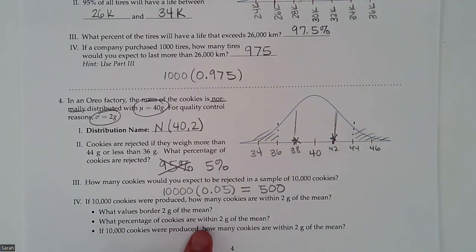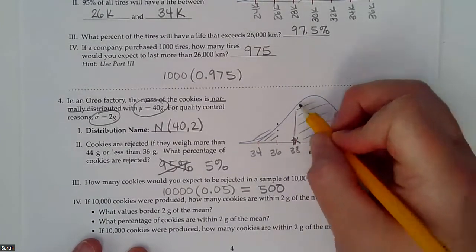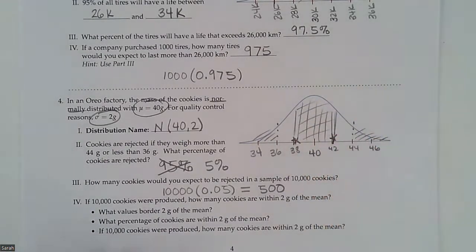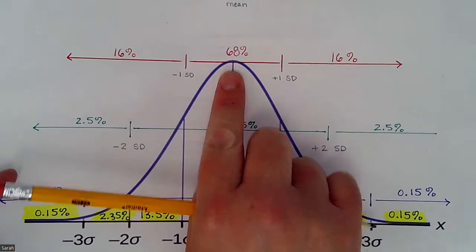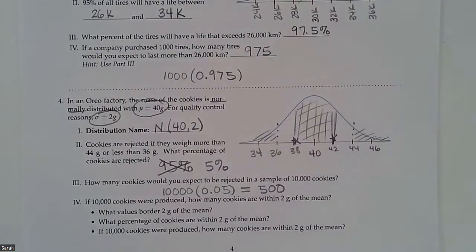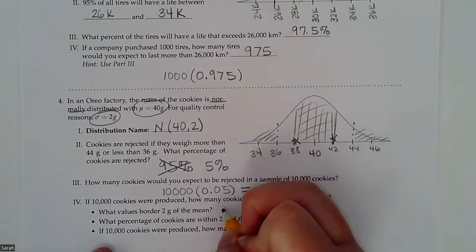What percentage of cookies are within those 2 grams of the mean? So within means they're close to the mean. So I'm looking at this part here in the center that I have this crosshatch shading on. So within 1 standard deviation of the mean, that's the 68%. And I'm going to write that down to keep track of where I'm at right now.